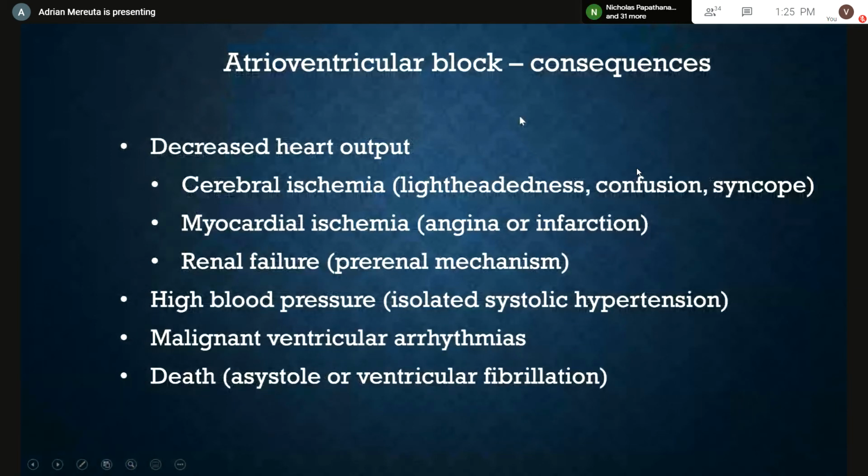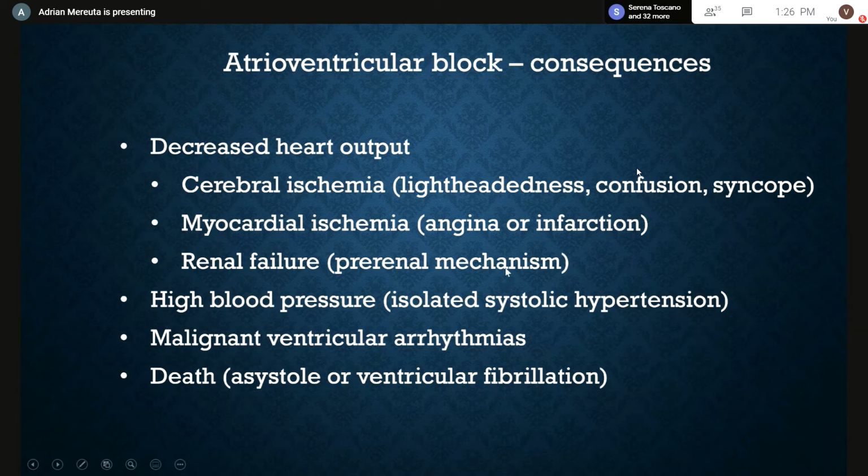Consequences of atrioventricular block: decreased cardiac output, because cardiac output is the systolic output multiplied by the heart rate. If the heart rate is decreased, of course the cardiac output will be decreased, and this can cause symptoms of cerebral ischemia, like I told you before, confusion, syncope, myocardial ischemia, angina, or renal failure by pre-renal mechanism.